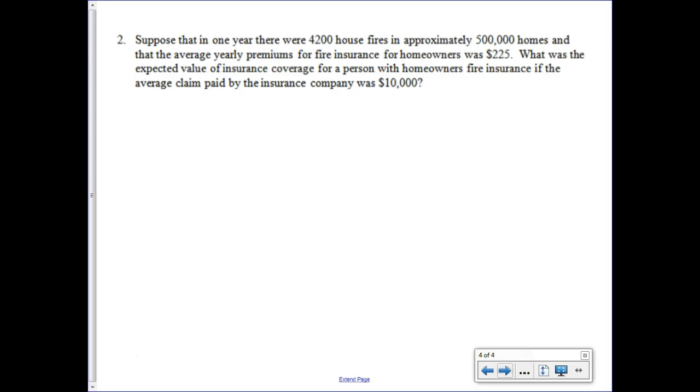So the probability of a fire was 4,200 over 500,000. So we could reduce that for sure. So 21 over 2,500.